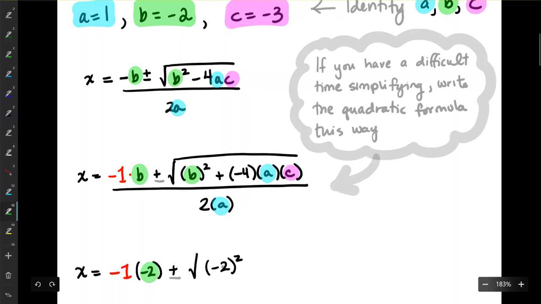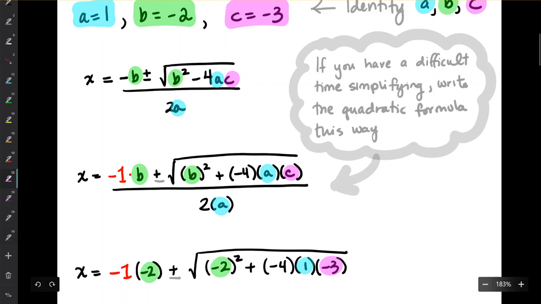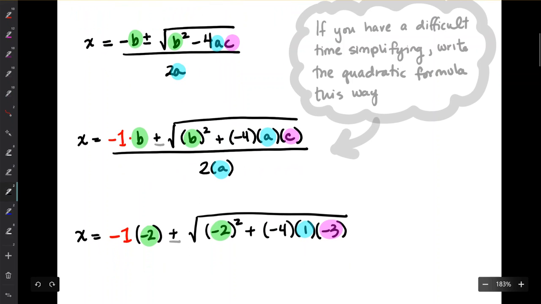That's a -2 times a -2, which will be +4, plus a -4 times A is 1, times C is -3. Get my color going. And that is all being divided by 2 times A. And A here is 1. Okay, and then we will simplify.